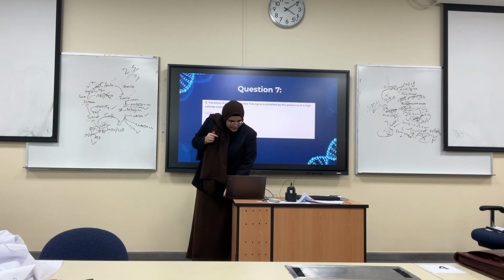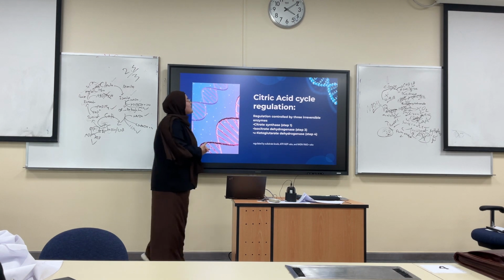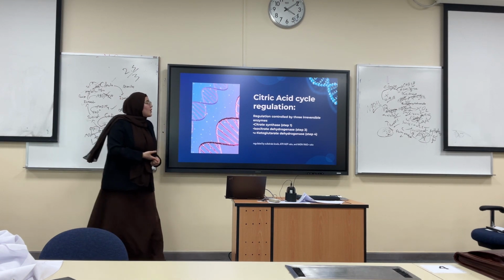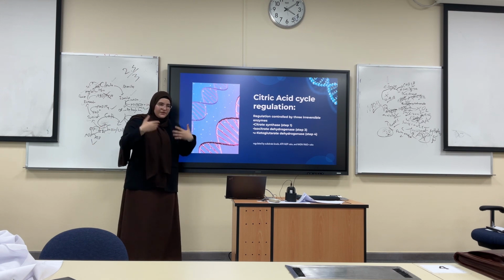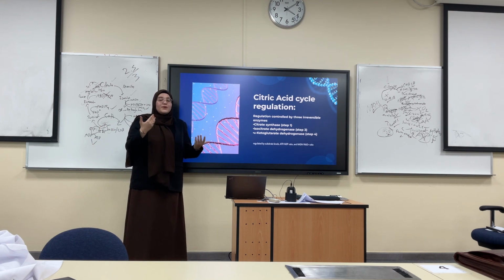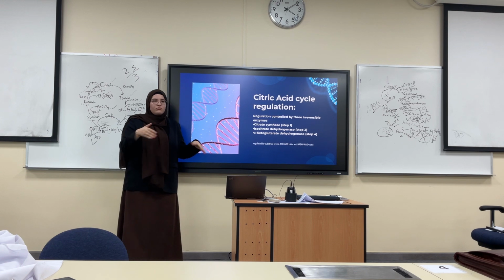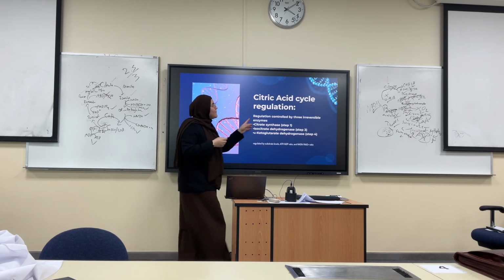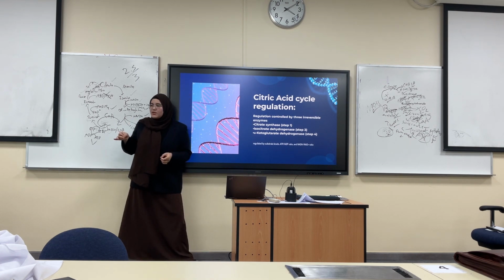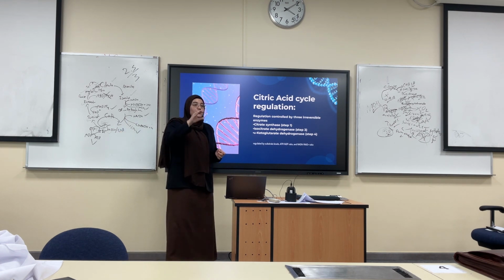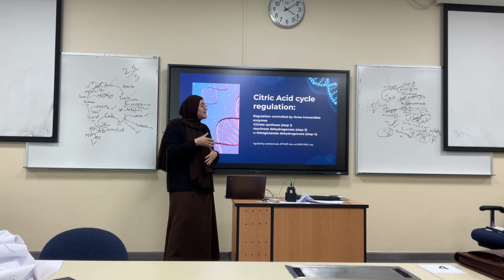Okay, we're going to move on to citric acid cycle regulation. As we know, every single cycle needs to be regulated. Imagine if it's left free, it's going to use all of the resources in the body. So steps 1, 3, and 4 are regulated, so they're known as the rate limiting steps. Why is that? Because if you control them, you can change the rate of products in the cycle.